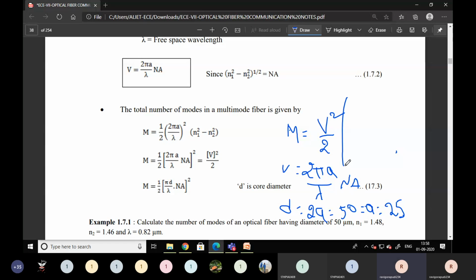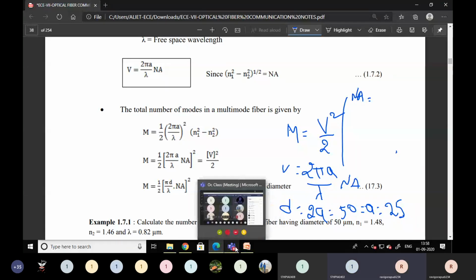What is the formula for NA? Already we did some problems based on NA. What is the formula for NA?